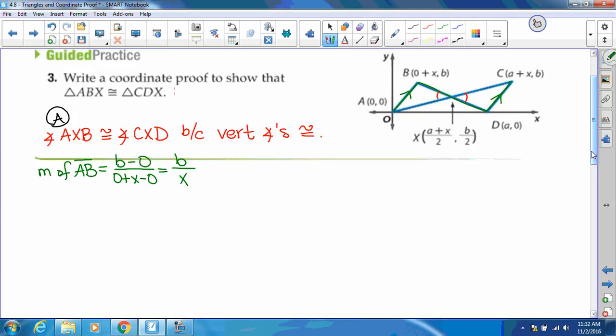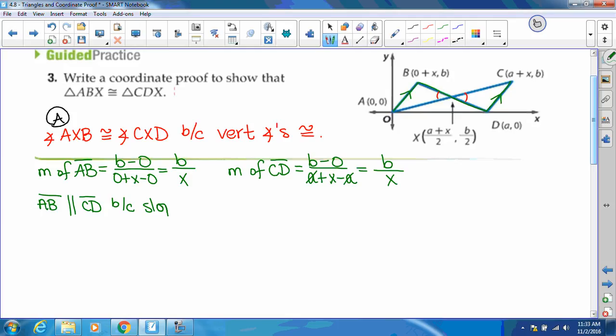Now I'm going to do the slope of CD. So I'm going to take the y coordinates, so B minus 0 over A plus x minus A. That's equal to B over, notice A minus A cancels, over x. Okay, so those lines are parallel. So let's say that. Segment AB is parallel to segment CD because their slopes are equal.